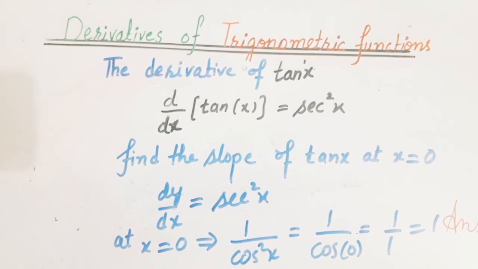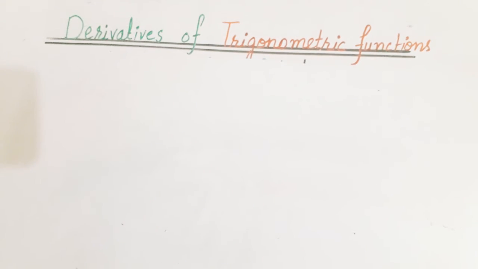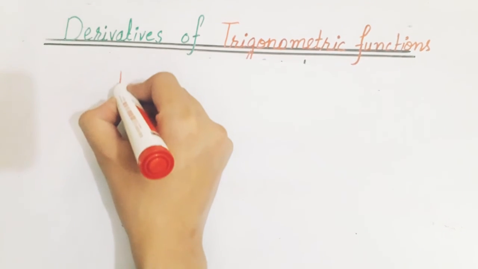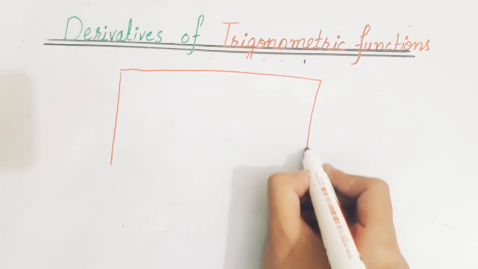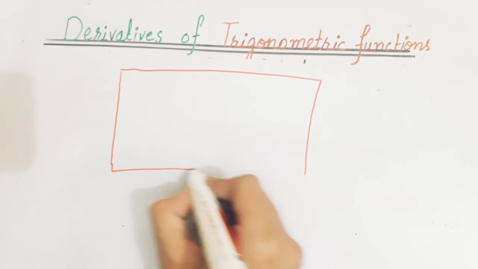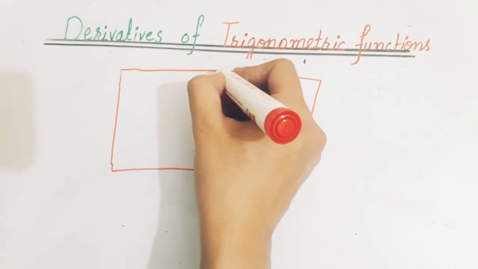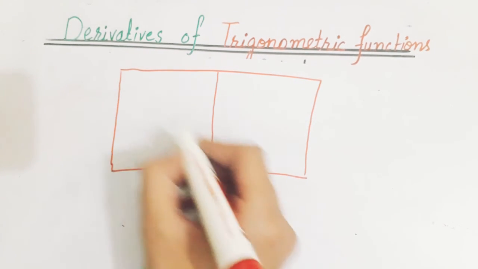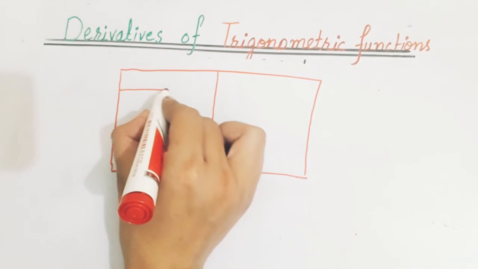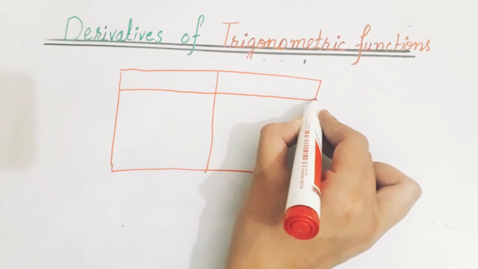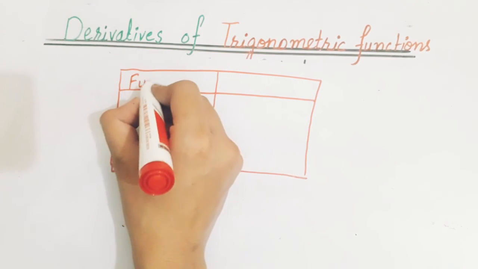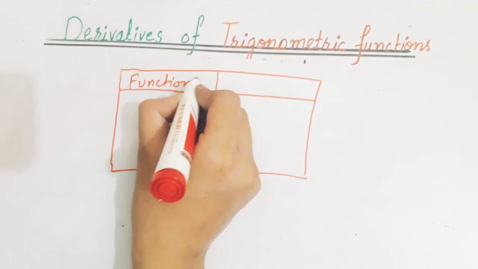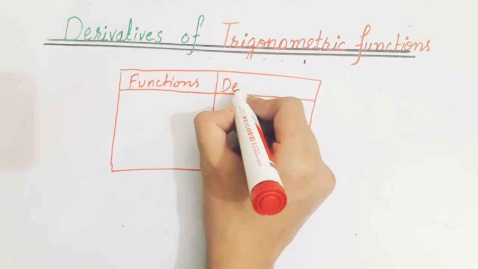Now I will draw a table. Now here is a table. You can pause and take a screenshot of this table to remember this, because this table is very important for your further study of derivatives of trigonometric functions. Here we write the functions and here we write the derivatives.